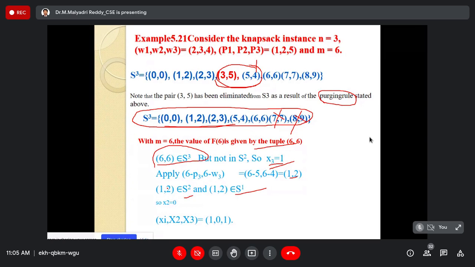X2 is not available in S2, so X2 is equal to 0. That one belongs to S1, which means X1 is equal to 1. So the final solution is 1 0 1 with a profit of 6. So this is the dynamic programming knapsack method.